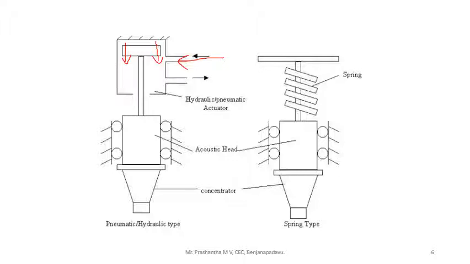So as a result of this, the entire assembly will move downward towards the work surface, and because of this fluid pressure, the distance has to be maintained and the application of force has to be maintained according to the application. This is happening in case of hydraulic or pneumatic type tool feed mechanism.